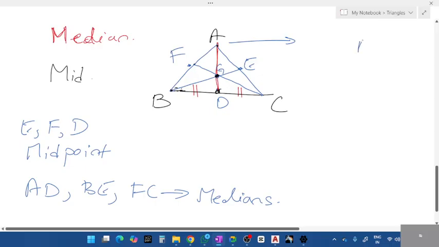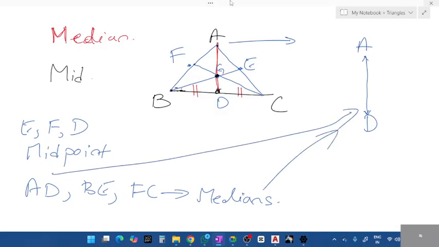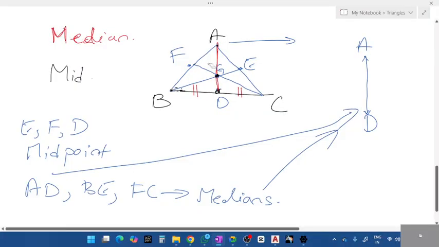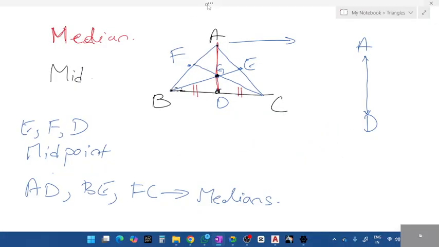Now let us take A and D, students. This line A and D. What do you call this entire line? What do we call, students? Median, right? Median. What is AB called? See, don't get confused between sides and median.